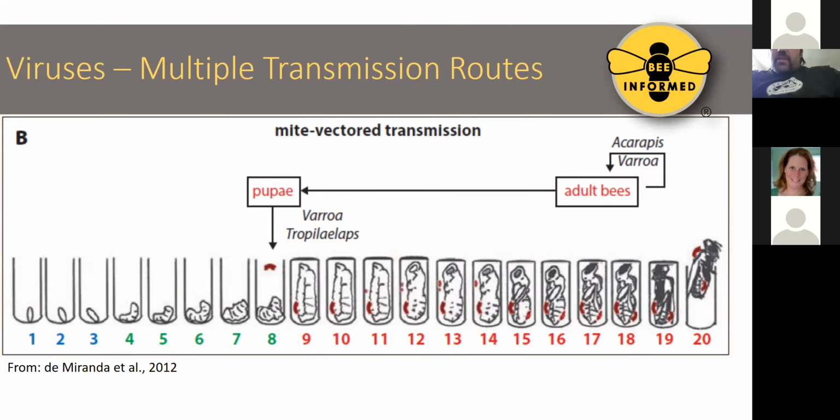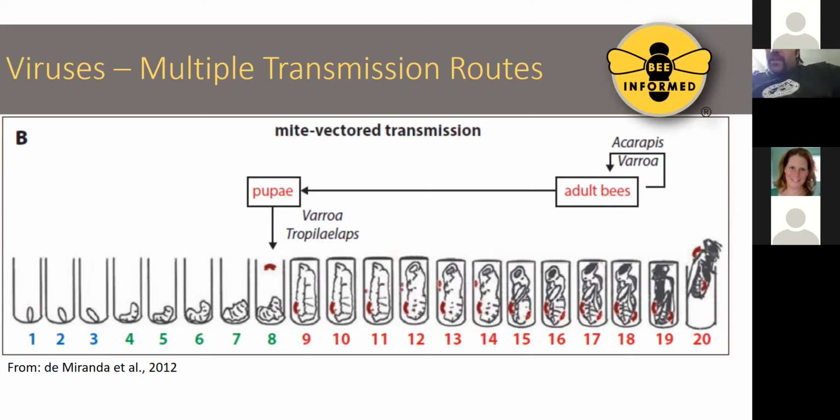So shortly after this invasion, viruses such as ABPV, DWV, or SBPV were shown to be successfully transmitted by the mite. Some of these viruses rapidly evolved towards a vector-borne lifestyle, which increased the rates of prevalence and virulence.